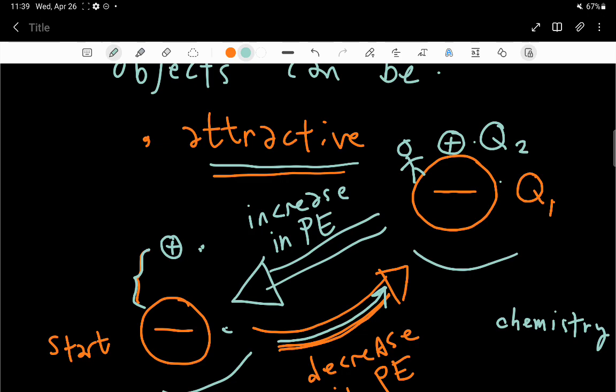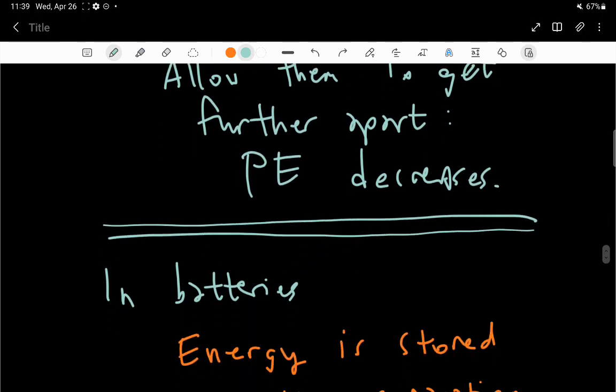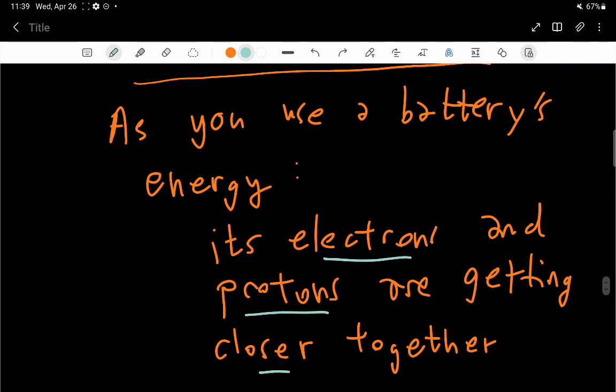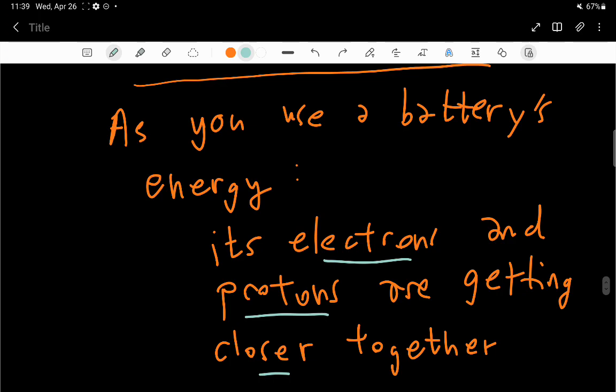And one of the basic results of chemical reactions is electrons can be closer to protons. So down here, as you use the battery's energy, the electrons and protons are getting closer to each other.